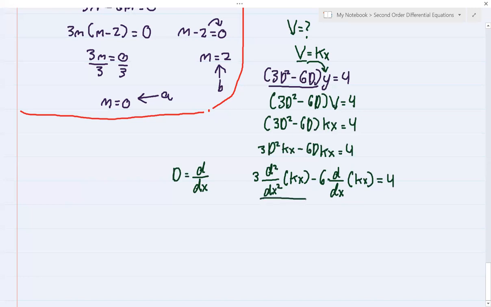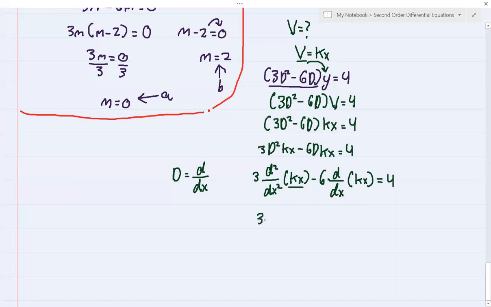Since it is the second order derivative, you will have 0 here, because the first derivative of your kx is k, and getting the derivative of your k for your second derivative is 0.